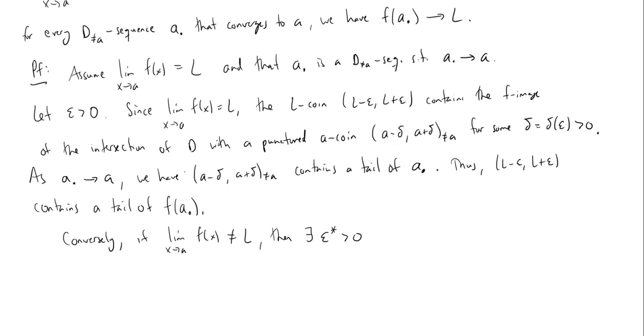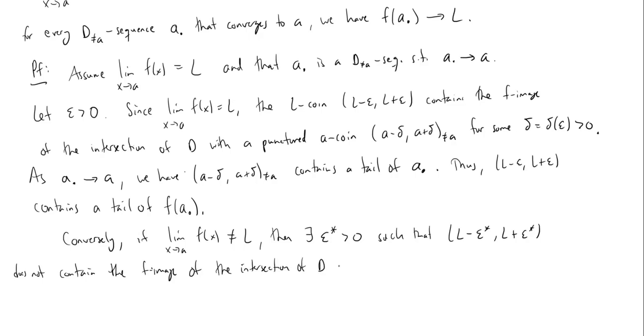There exists an epsilon star greater than 0 such that if I take the L coin of radius epsilon star, this does not contain the F image of the intersection of D and any punctured A coin.